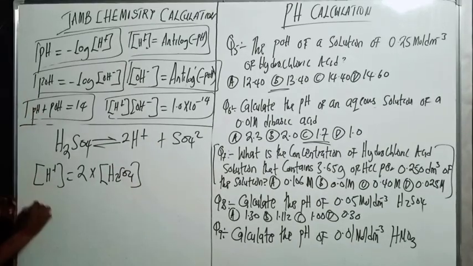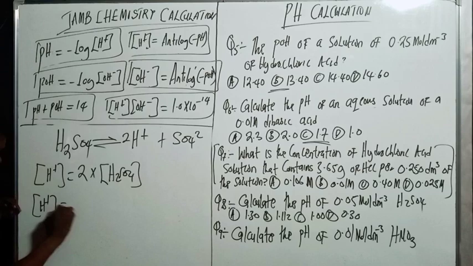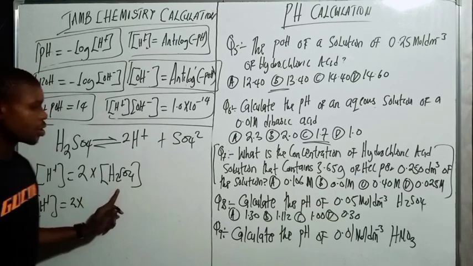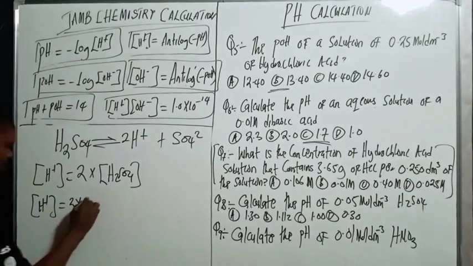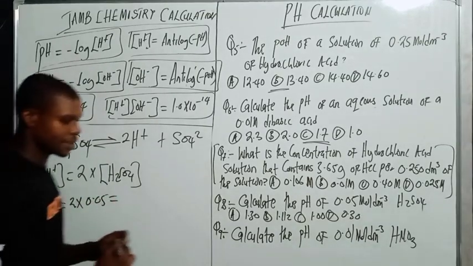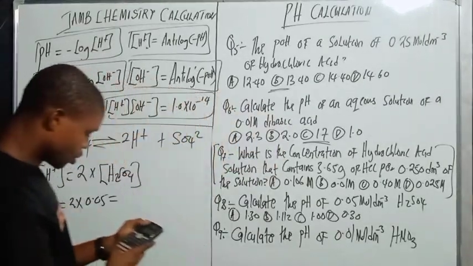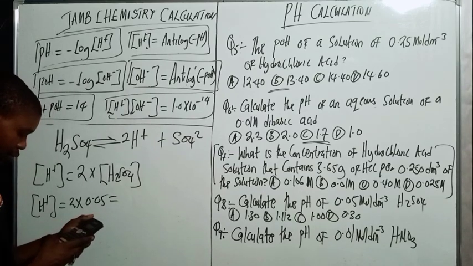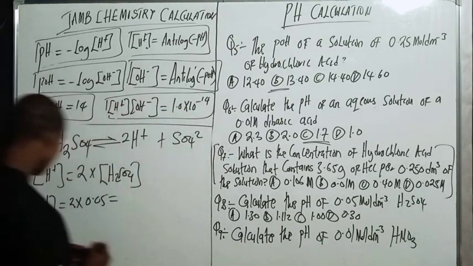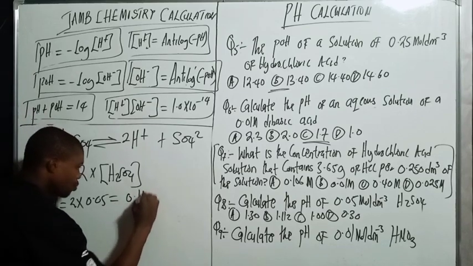So here H plus equals 2 times 0.05, which is 0.1 molarity, right?